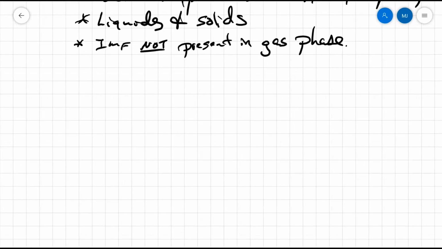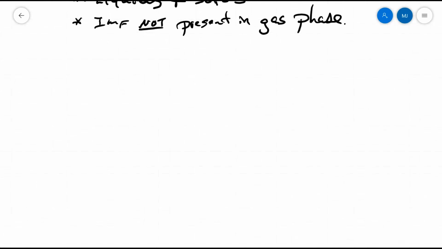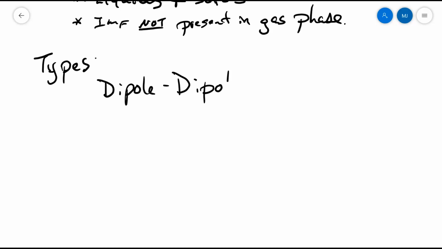Now, there are a number of types of intermolecular forces. The first one I'm going to go through is probably the easiest to understand. It is the dipole-dipole IMF. A dipole is a polar molecule.